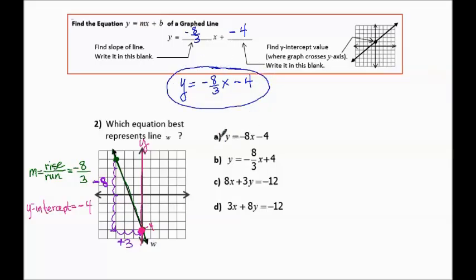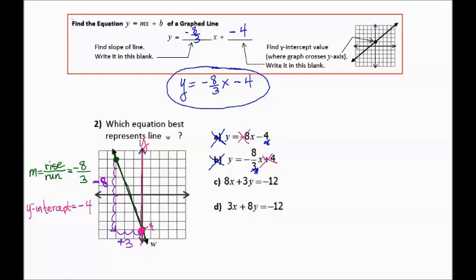In option A, the y-intercept matches, but the slope does not match. So option A is not it. In option B, our slope matches the negative 8/3, but your y-intercept does not, because it's positive here and it should be negative. So option B also not a possible answer.